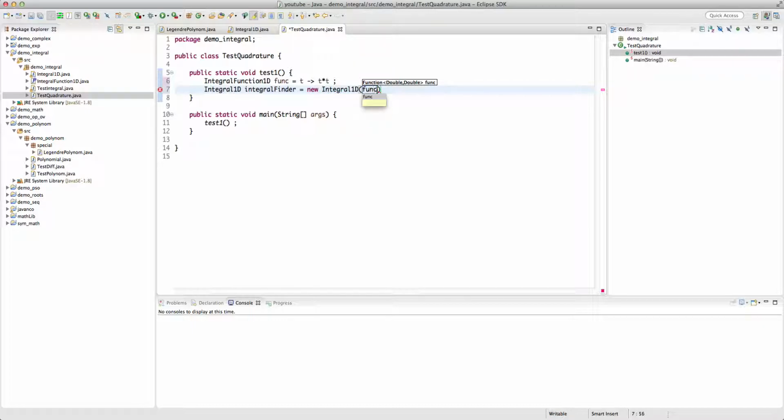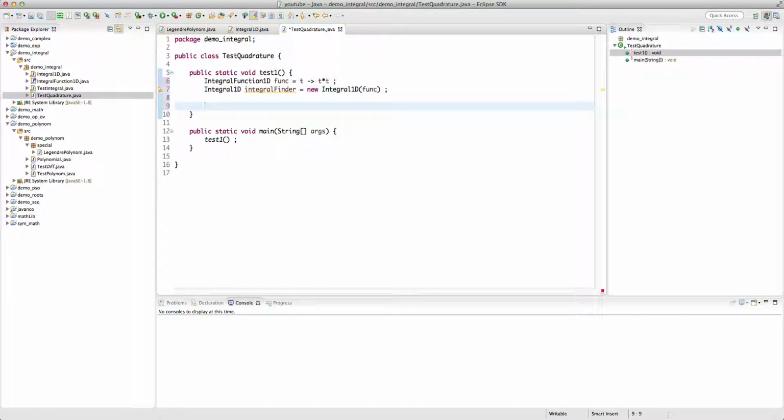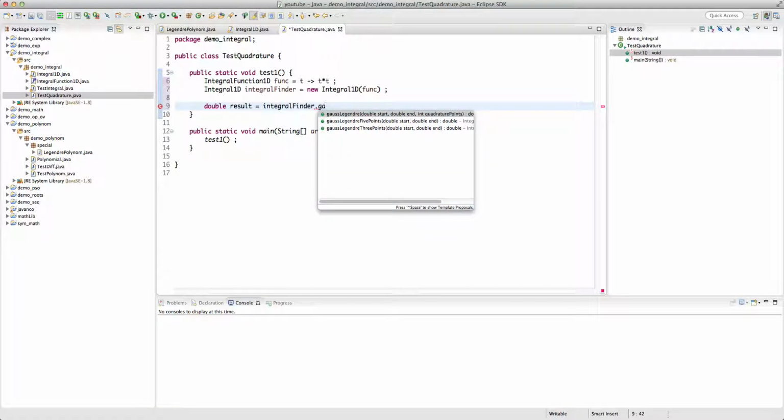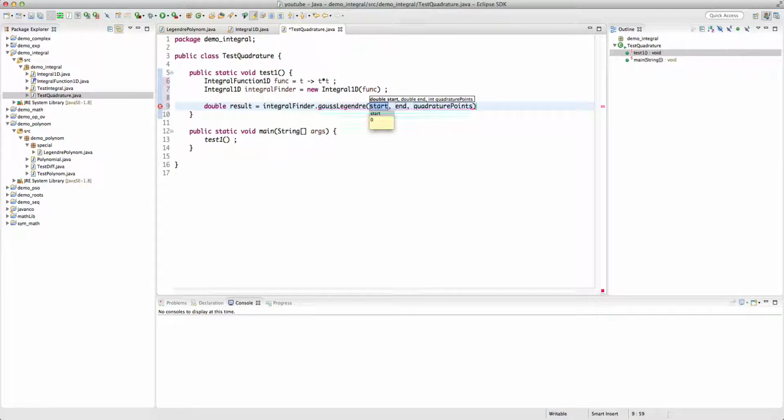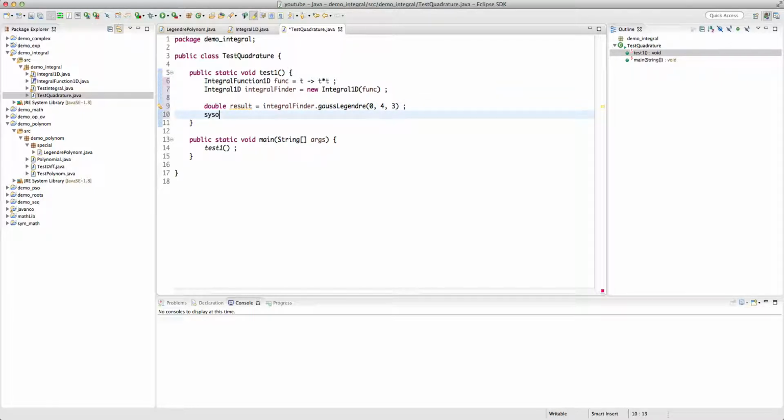I'm going to pass in our integral function, and then double result is integral finder dot Gauss-Legendre 0 to 4, let's say, 3 points, which we already know the coefficient. Sysout on the result.